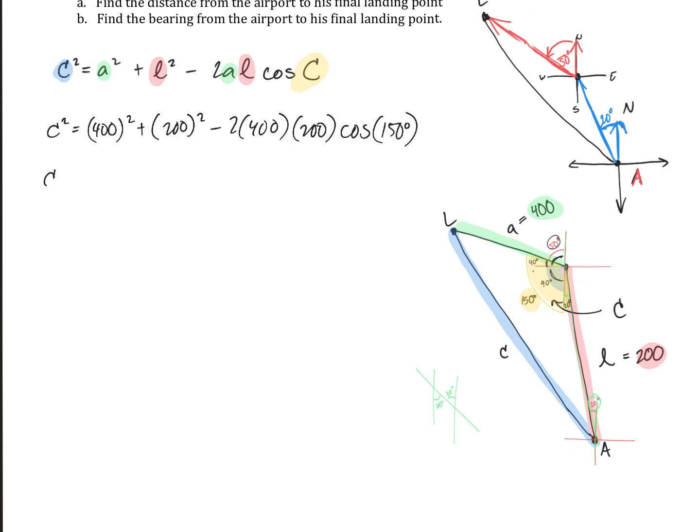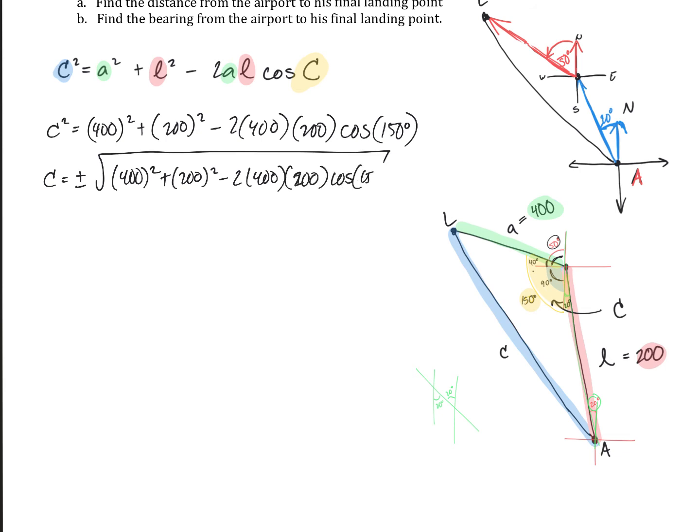And then that means that C is going to equal plus or minus the square root of 400 squared plus 200 squared minus 2 times 400 times 200 times cosine of 150 degrees. Okay, so plugging that into your calculator, you'll get that C is approximately 582. Or plus or minus, and then we take the positive 582.